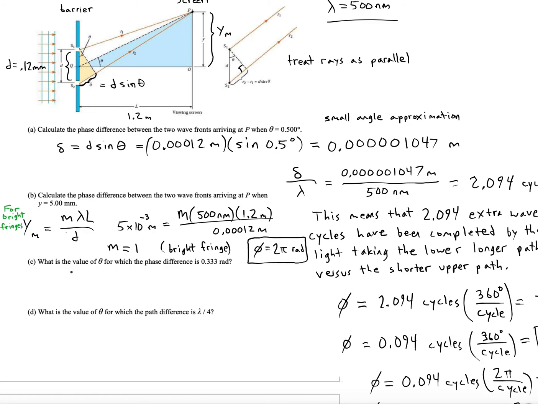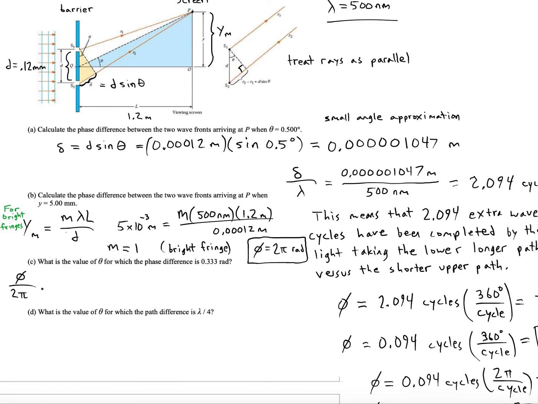Next question says, what is the value of theta for which the phase difference is 0.333 radians? We'd like to take the phase difference and divide by 2 pi to figure out what fraction of the wave has been completed.